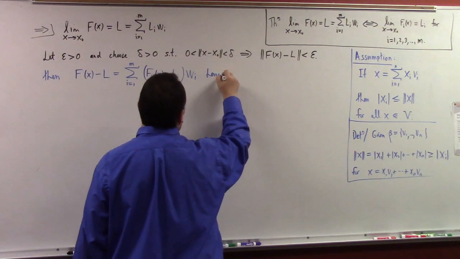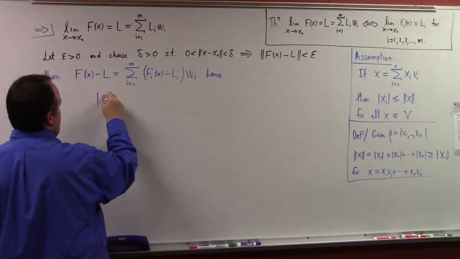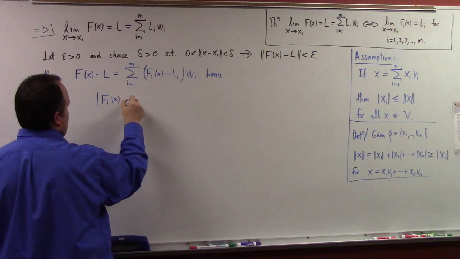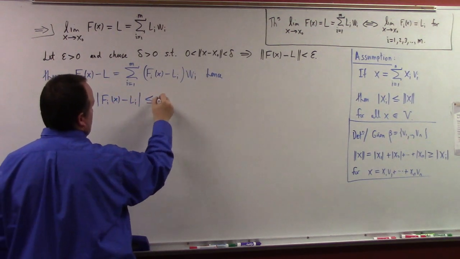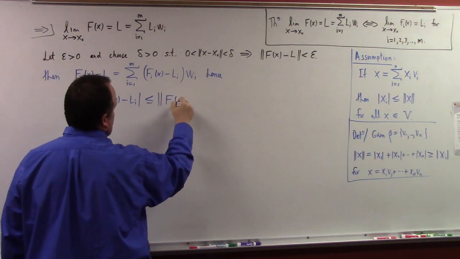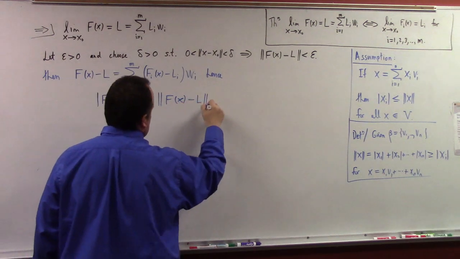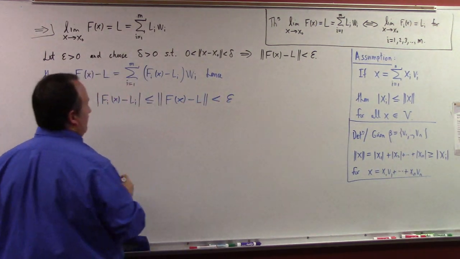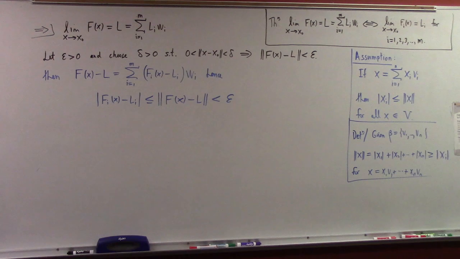Hence, the absolute value of f_i(x) minus L sub i is less than or equal to the norm of f of x minus L, which is less than epsilon. Well, voila. We've just shown that we can make the absolute value of the ith component function within epsilon units of the limiting value L sub i.